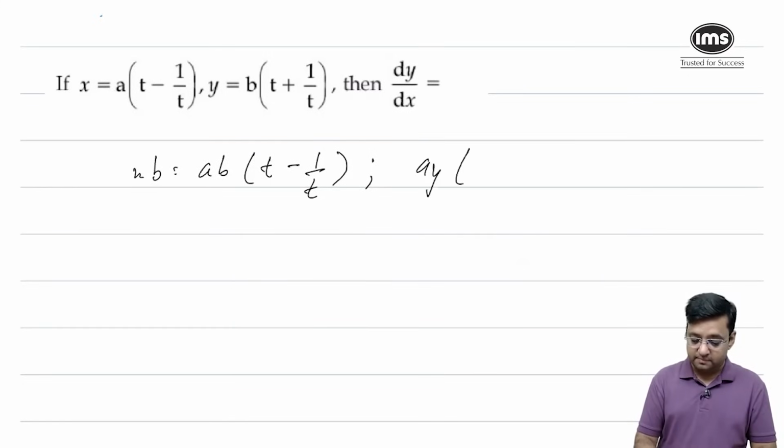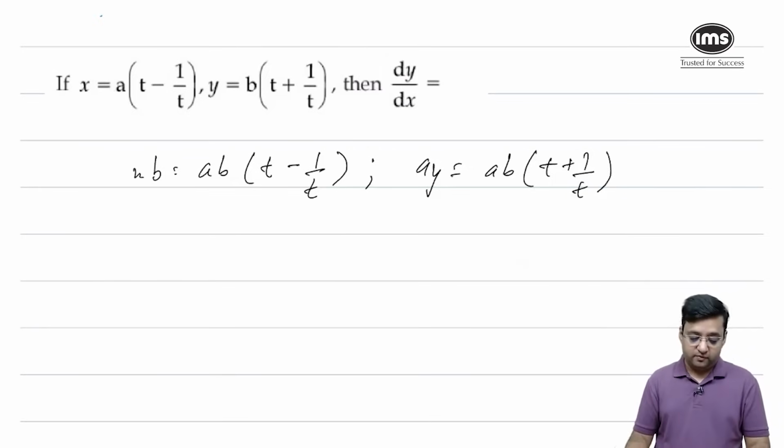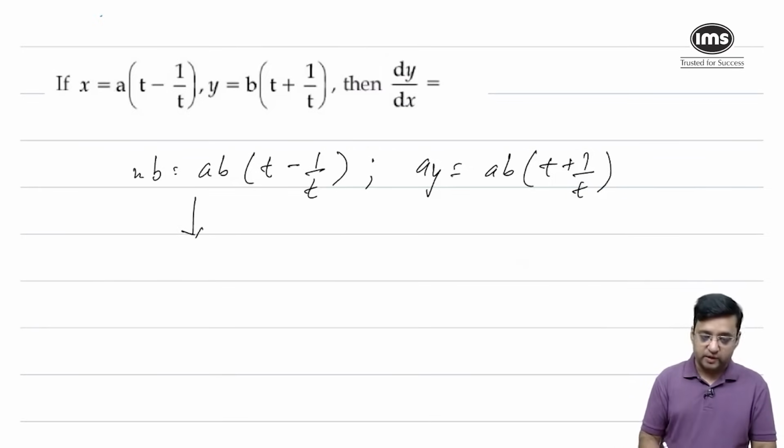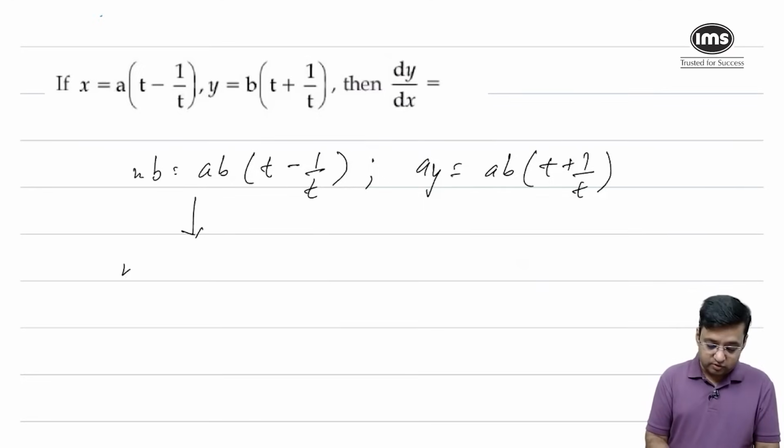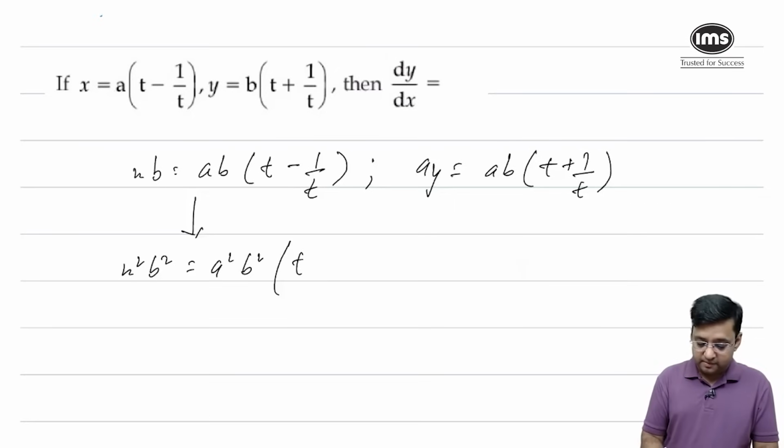So this will become ab into t plus 1 by t. Then we will do a squaring both sides. So x square b square will be equal to a square b square into t minus 1 by t whole square.